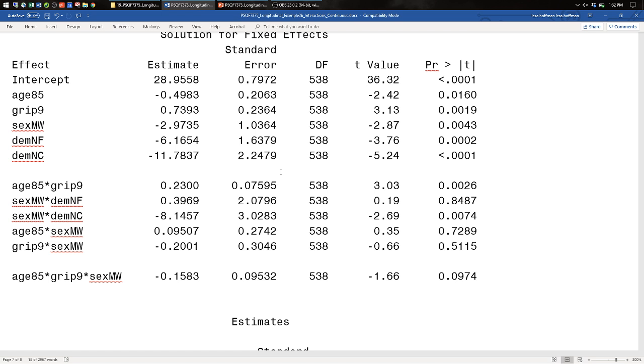But this age effect is only one of an infinite number of possible age effects that this model gives you. There's not just one age effect. There are many, many, many. And so you have to be very careful to conditionalize this, because when you don't have your interactions in the model, this is the age effect for everybody. As you start adding things, it becomes more and more specific and less generalizable.